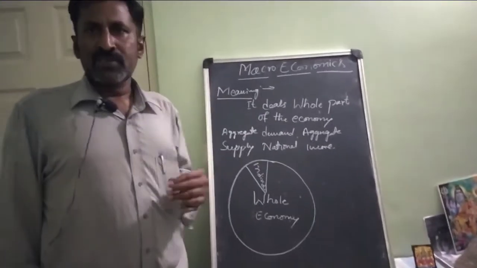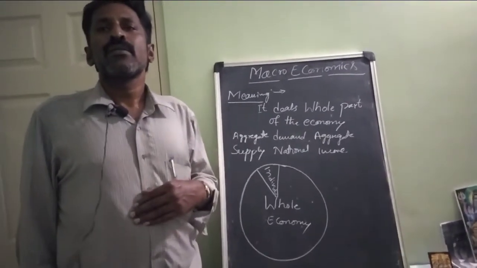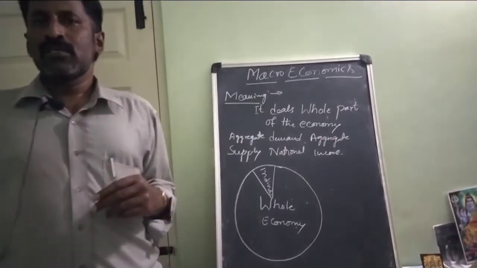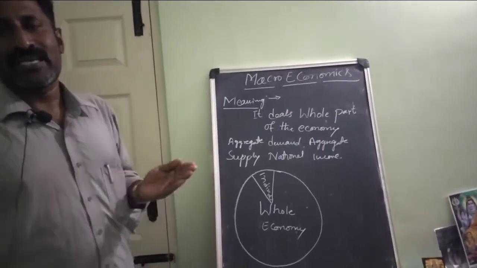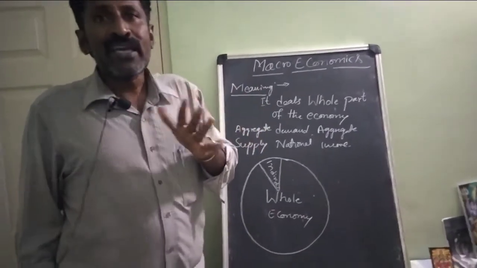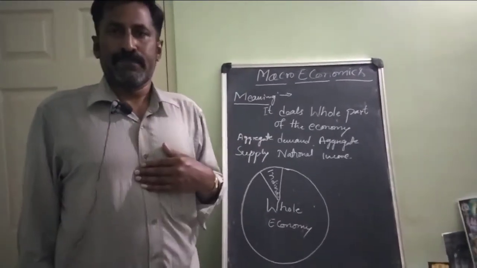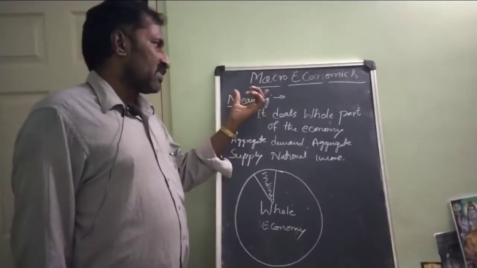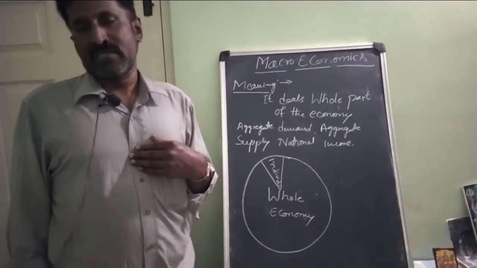So our economists make two parts, first micro and second macro, for our convenience of study. That's why we study macroeconomics.